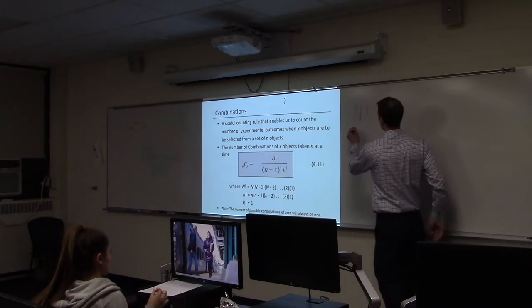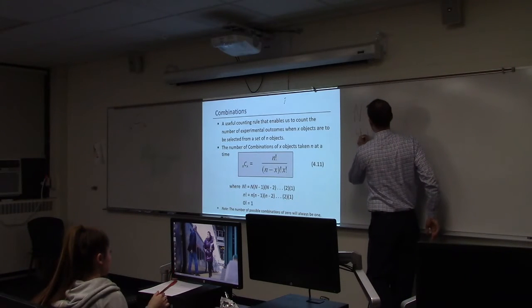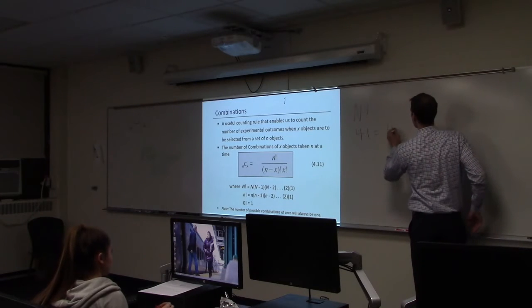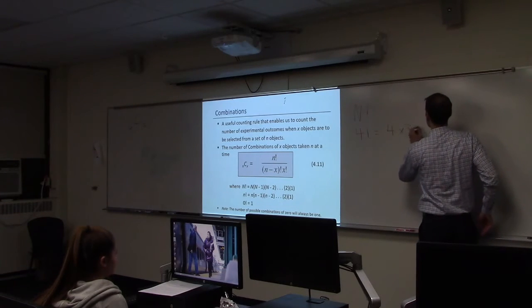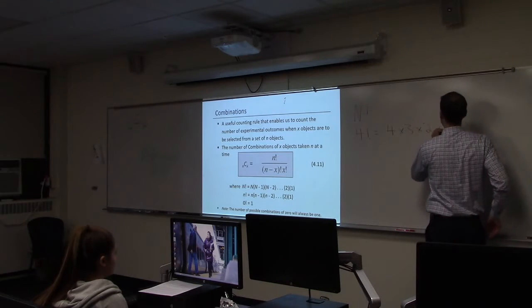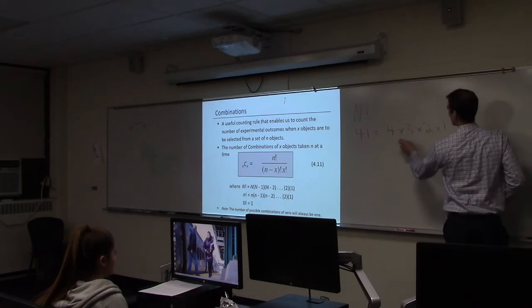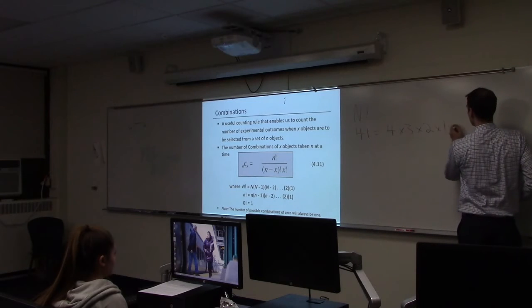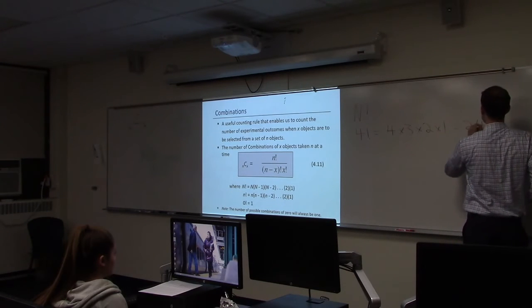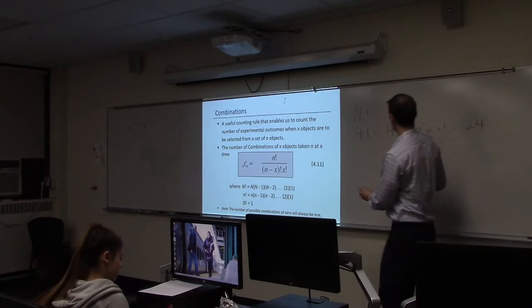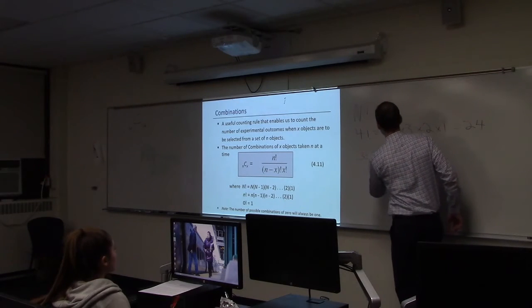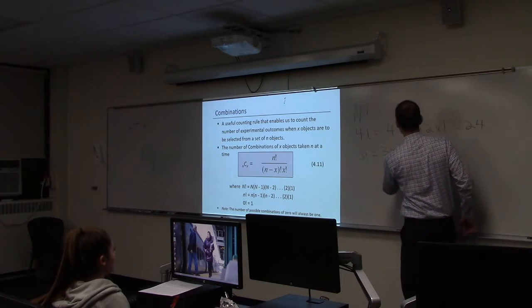So if I were to have 4 factorial, this equals 4 times 3 times 2 times 1. All right, and that's 4 times 3 is 12, times 2 is 24, times 1 is 24. 3 factorial would equal 3 times 2 times 1.